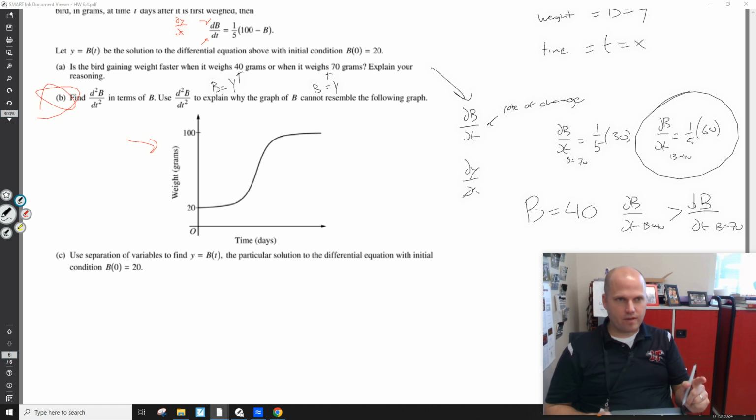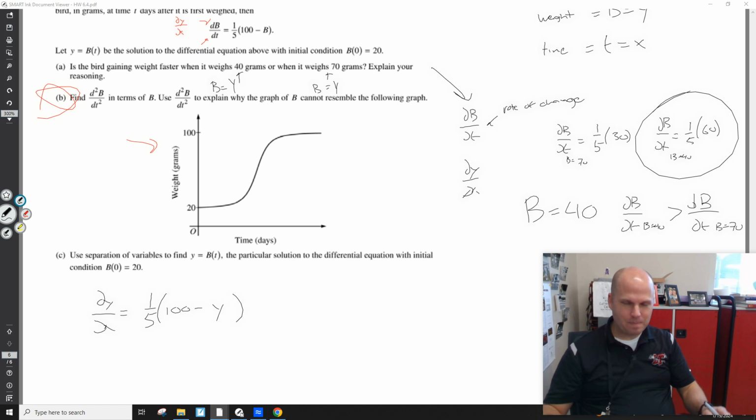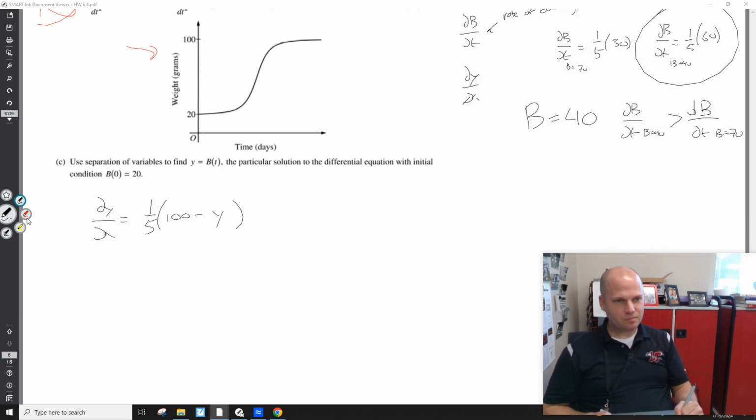Find the second derivative. Use the second derivative to explain why the graph of b cannot represent the following graph. This is where switching to dy dx is going to help you tremendously, because b is replaced by y. Why do I mean that?